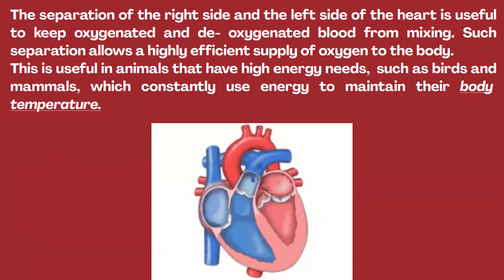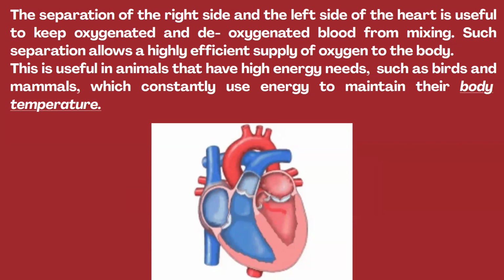Now, as we learned, the heart has four chambers. The separation of the right side and the left side of the heart is useful to keep oxygenated and deoxygenated blood from mixing.